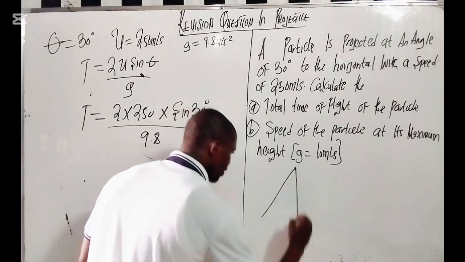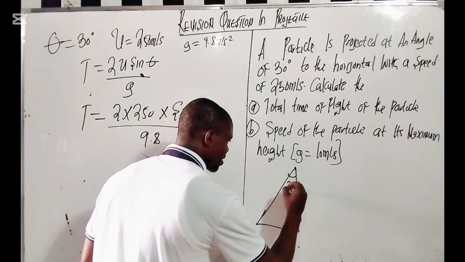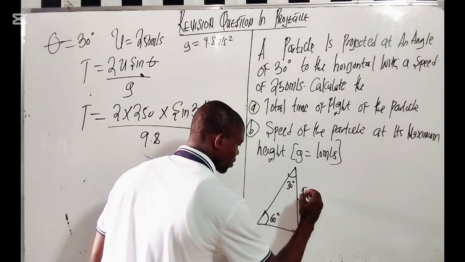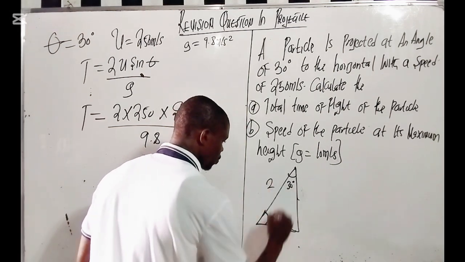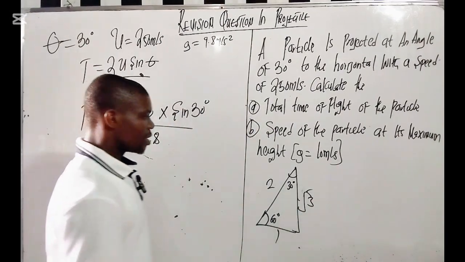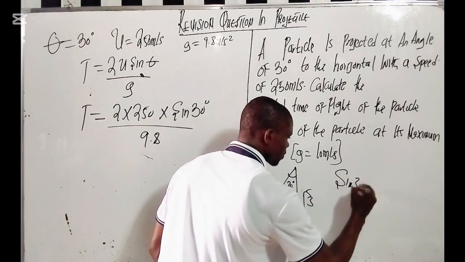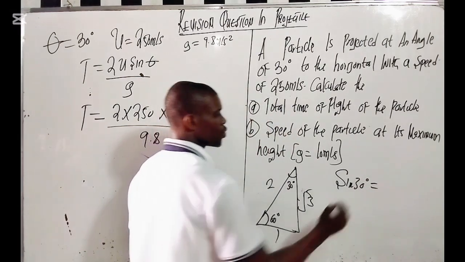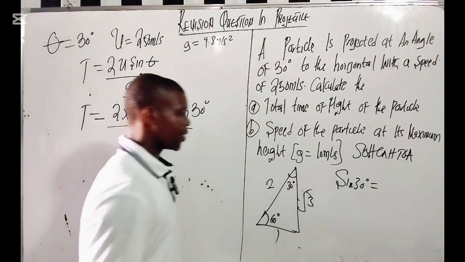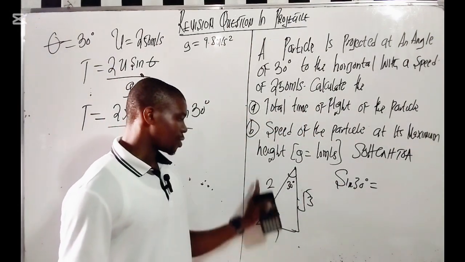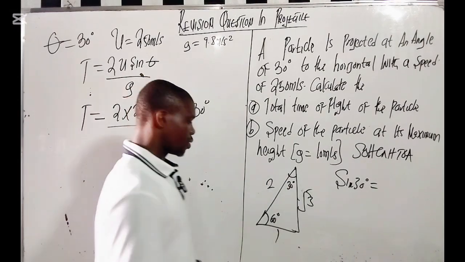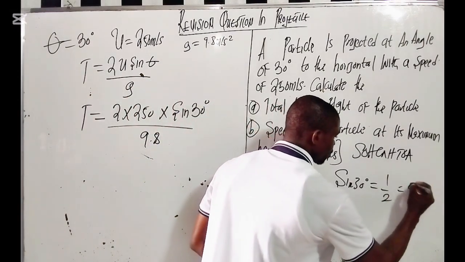In trigonometry, for angle 30 and 60 degrees, we have the sides 1, 2, and square root of 3. Now sine 30: remember in SOHCAHTOA, sine is opposite over hypotenuse, which is going to be 1 over 2, 0.5.